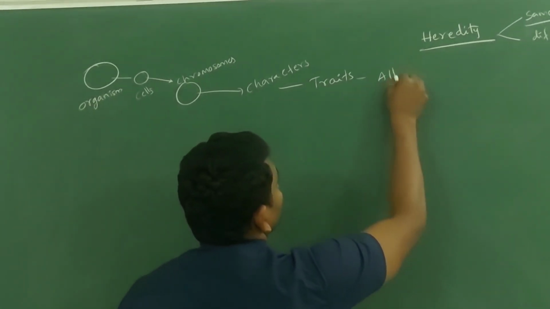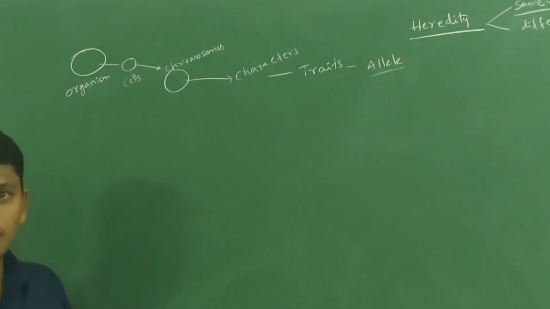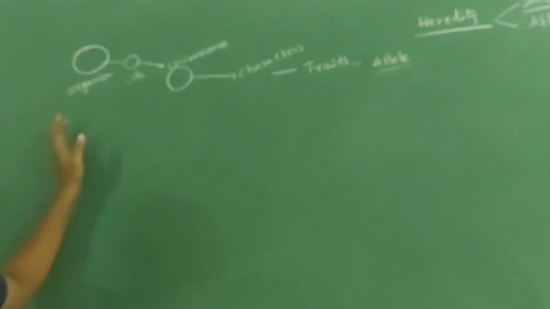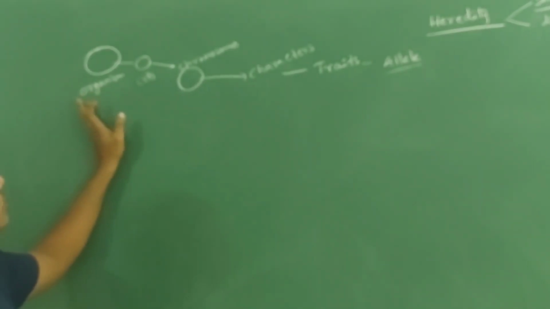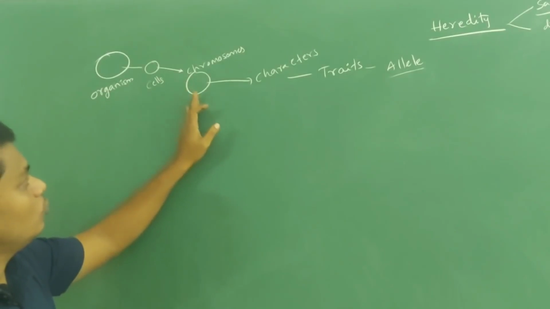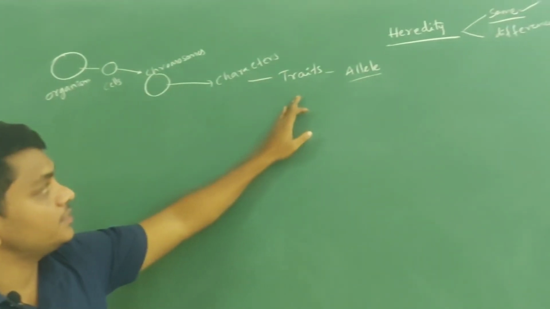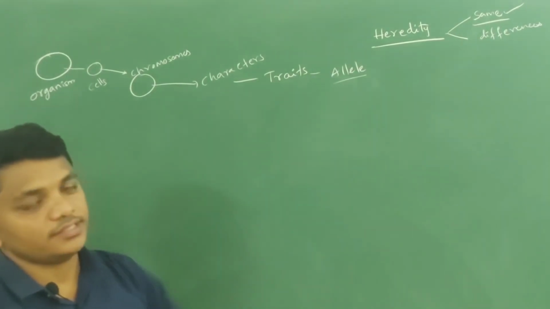Traits contain alleles. So in this manner, organisms have cells, cells contain chromosomes, chromosomes contain characters, characters contain traits, and traits contain alleles.